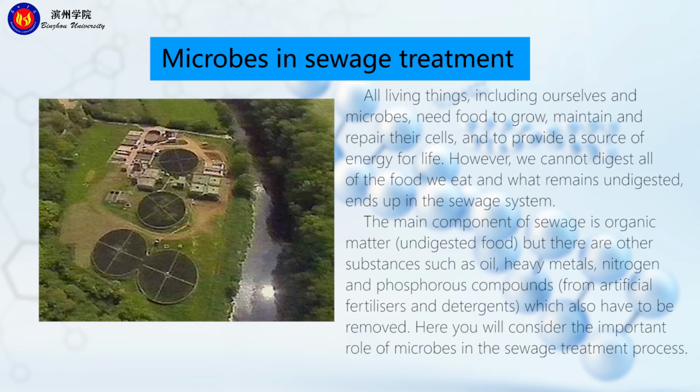The main component of sewage is organic matter, but there are other substances such as oil, heavy metals, nitrogen, and phosphorus compounds, which also have to be removed. Here, you will consider the important role of microbes in the sewage treatment process.